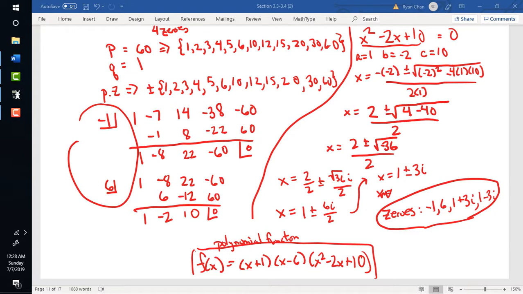So that's pretty much it for finding polynomial zeros. The only thing that is a little bit different is to be very careful with complex numbers. Make sure you know how to do quadratic formulas correctly. Make sure you know how to simplify your radicals.